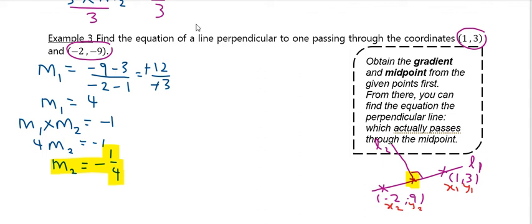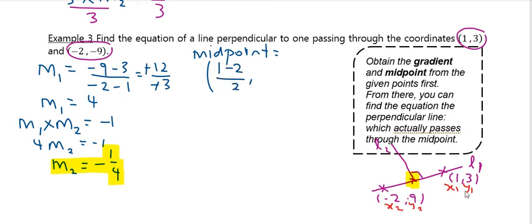So you are going to use this equation, right? Now, the one point that you have to find is the midpoint. So you have to use the same points over here to find the midpoint. The midpoint will be x1 plus x2, which is 1 plus -2, so 1 minus 2 over 2.